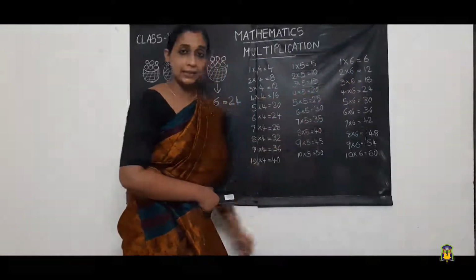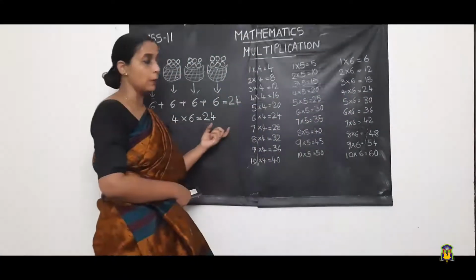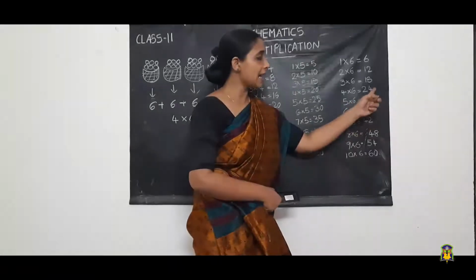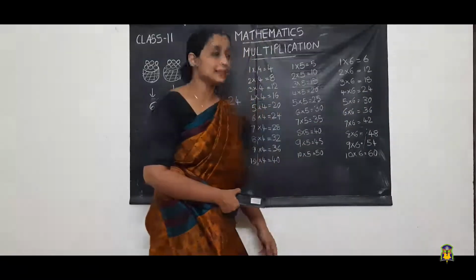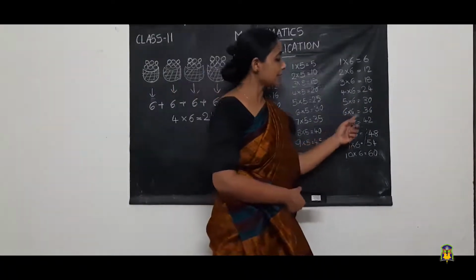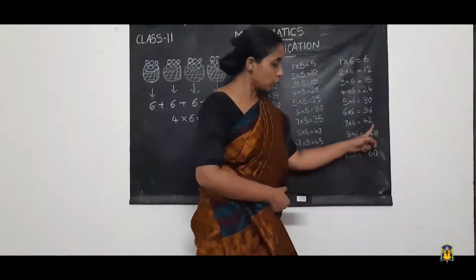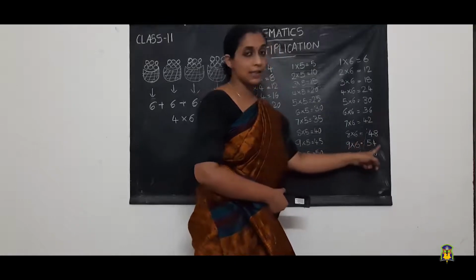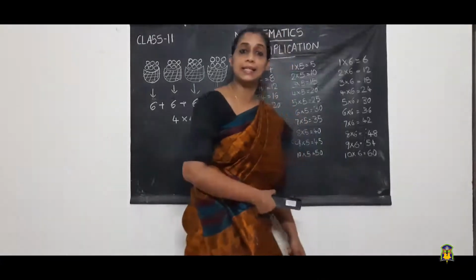So 18. 4 times 6 is 24 that we got now. 5 times 6 is 30. We are adding 6 to the previous number. 24 plus 6 is 30. So now 6 times 6 is 36. 7 times 6 is 42. 8 times 6 is 48. 9 times 6 is 54. 10 times 6 is 60.